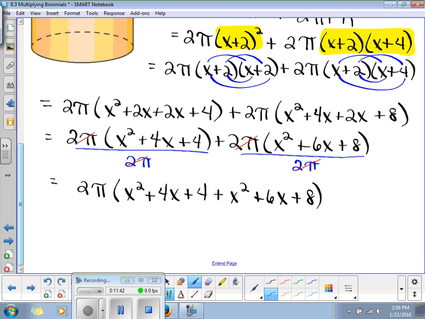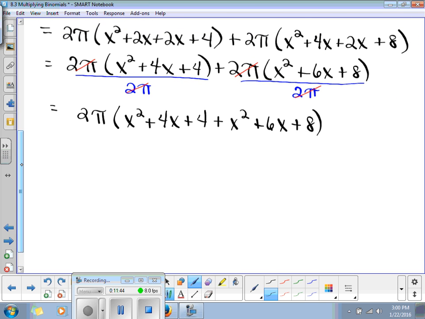What are you going to do now? Combine like terms. Very good. So, if you see here, we've got an x squared and an x squared, positive x squared. So we end up with 2 pi, x squared plus x squared is 2x squared.